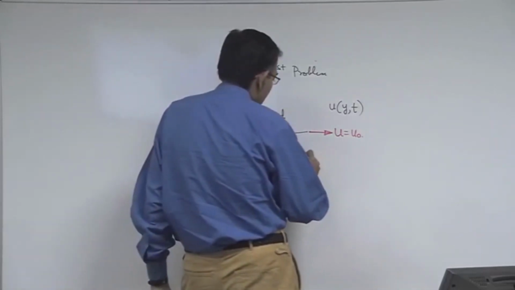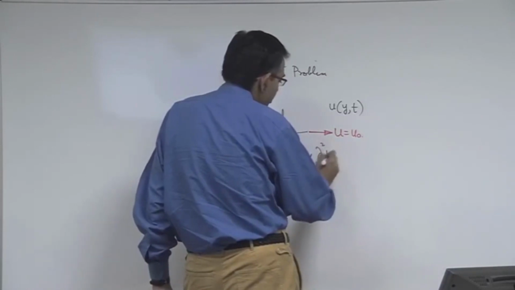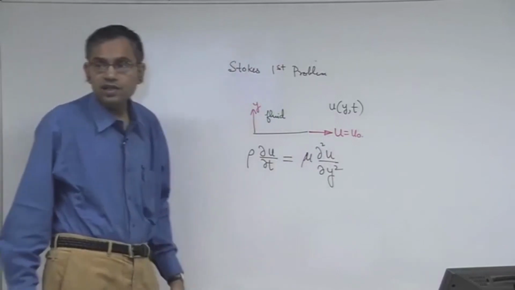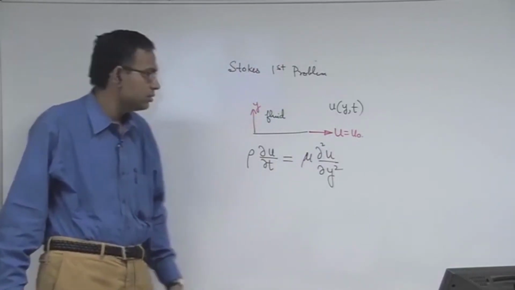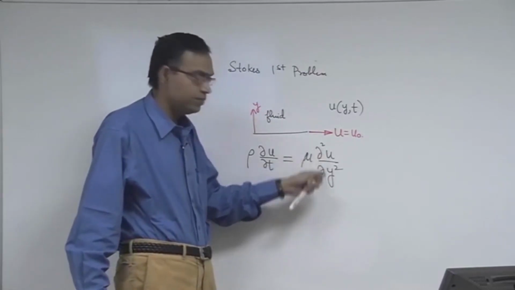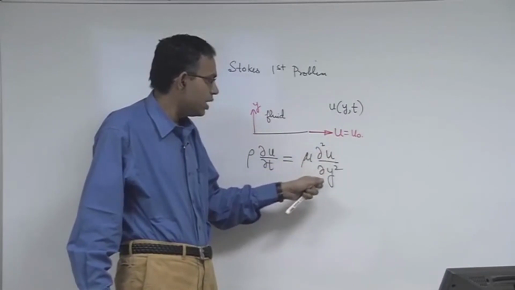And because of the length scales involved, the dominant term is the viscous term which is mu del 2u del y2.